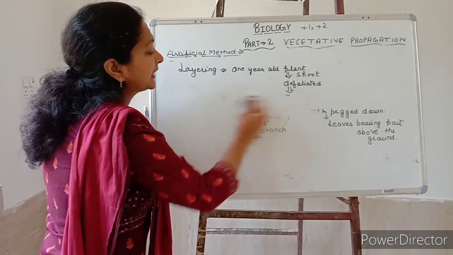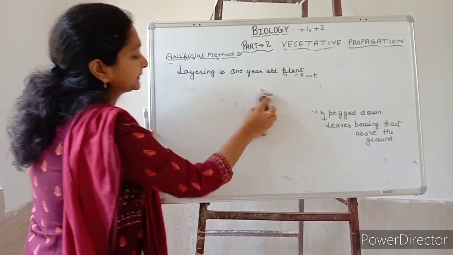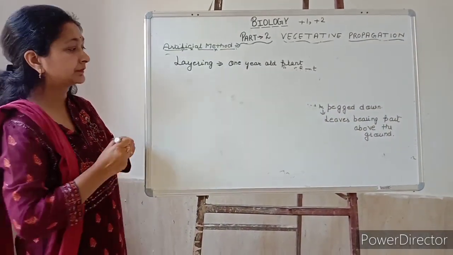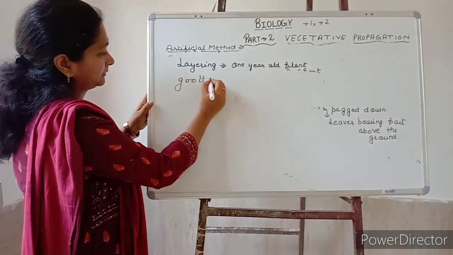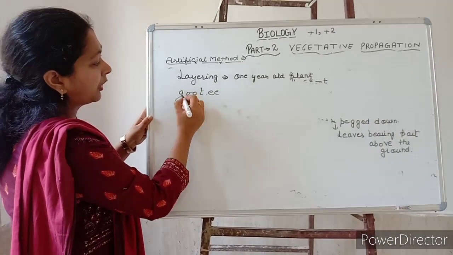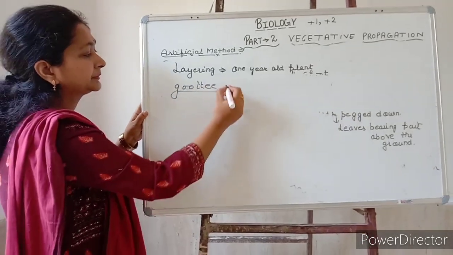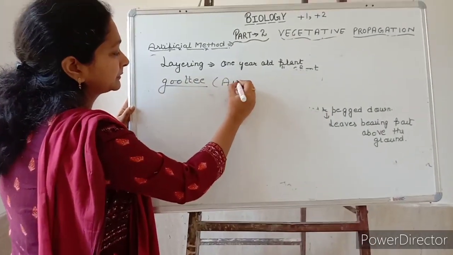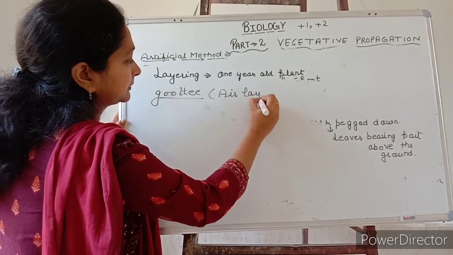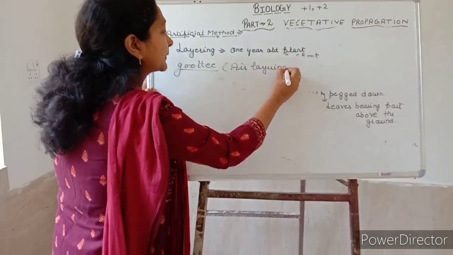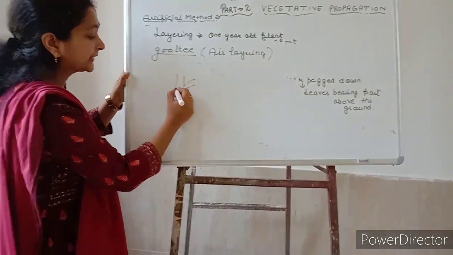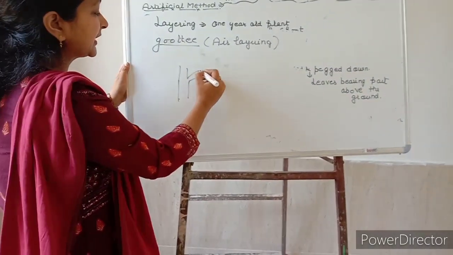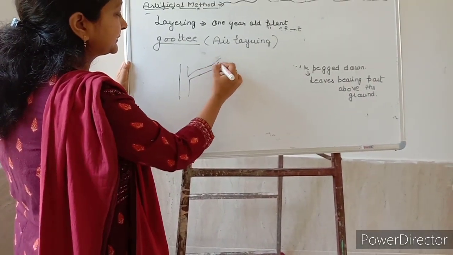Next is air layering or butti. In butti, an aerial shoot is selected.